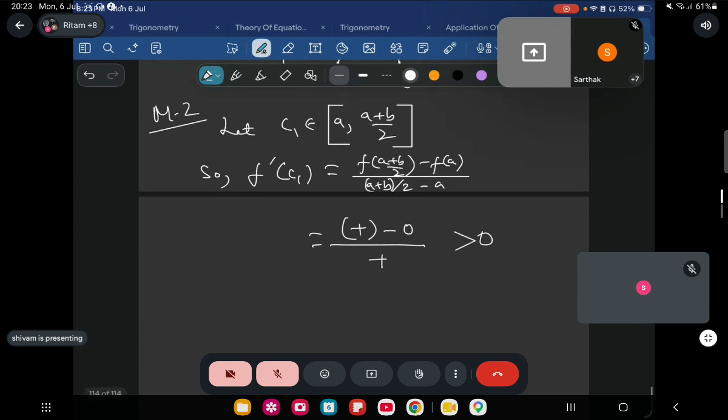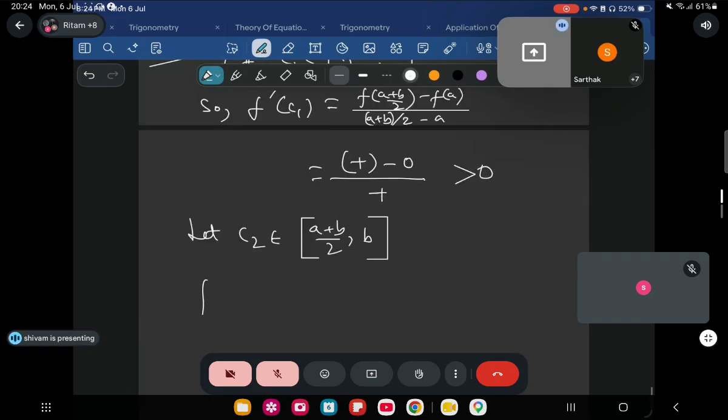Next, let c2 belongs to ((a+b)/2, b). So what are we getting? f dash c2 will be equal to [f of b minus f of (a+b)/2] divided by [b minus (a+b)/2].